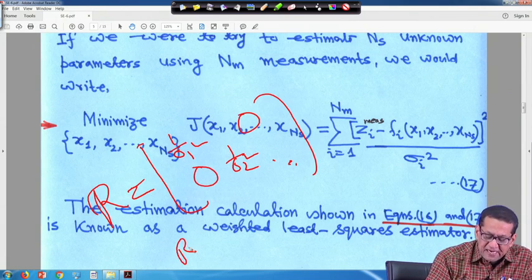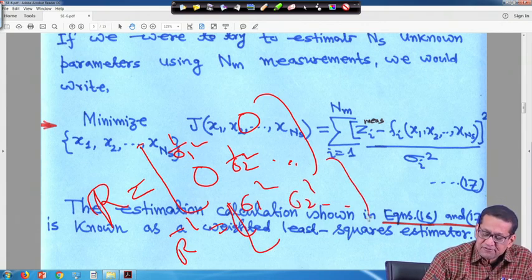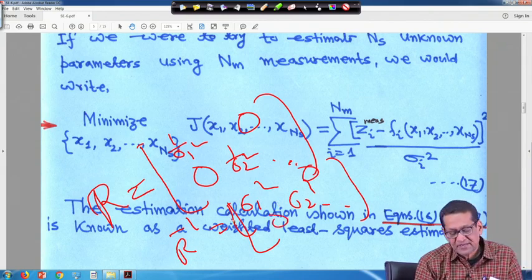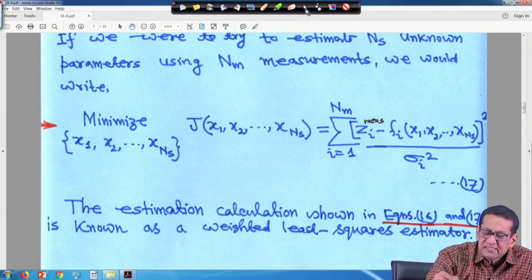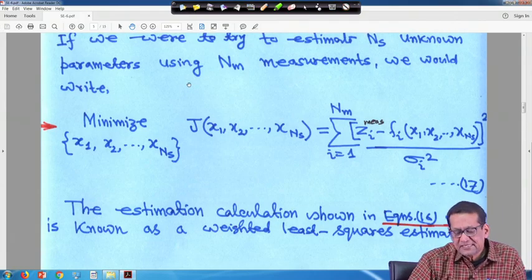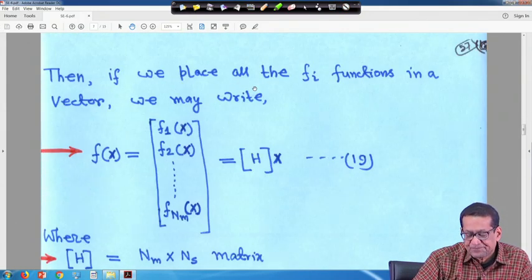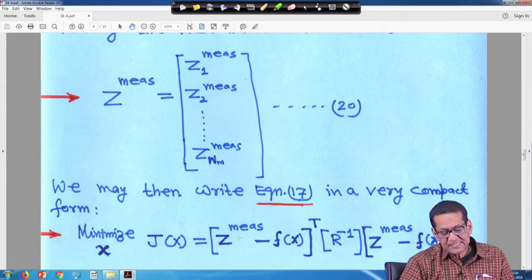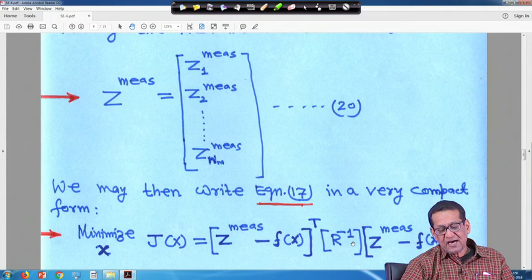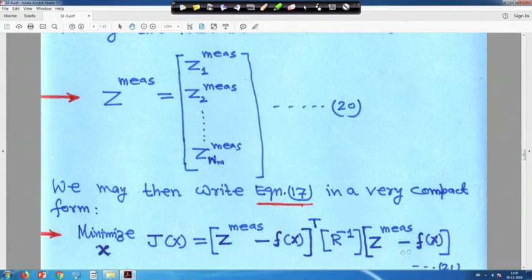If you take R inverse, the inverse of this matrix, it will be sigma1 square, sigma2 square, like this, with zeros elsewhere. Since so many state variables are there, you have made it in that diagonal matrix form. That is why it is (z measure minus f(x)) transpose R inverse (z measure minus f(x)).